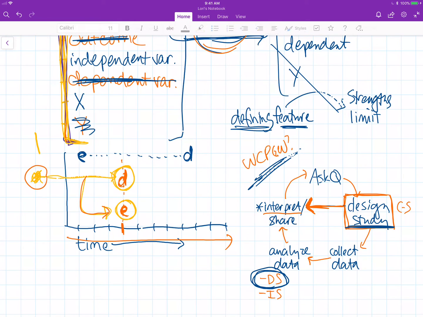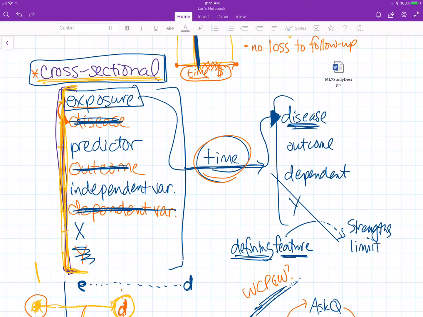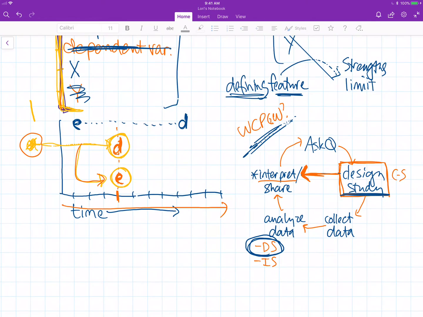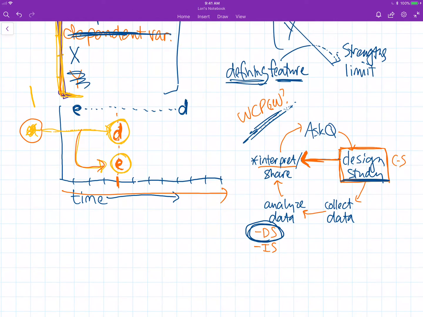And that's tricky because even the words that we have, exposure, disease, predictor, outcome, independent and dependent, are the most neutral of all of those pairs. But predictor implies that that thing is going to cause that outcome, or exposure and disease. So we have to be really careful with the kinds of conclusions that we're drawing in that particular study.